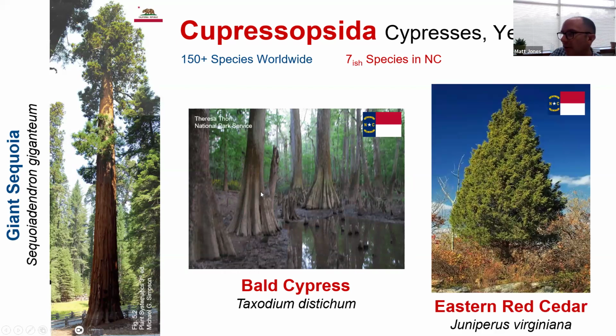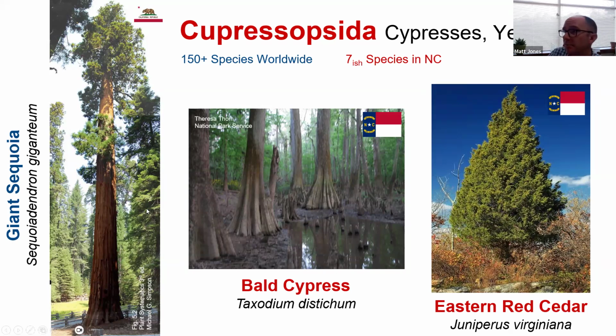And then other cupressoids include things like junipers, like eastern red cedar, which grows pretty far west. It's not particularly red and it's not a true cedar. True cedars are actually in the pine family. But anyway, junipers are considered cupressoids. So are other things like yews, Taxus, and arborvitae, Leyland cypress.